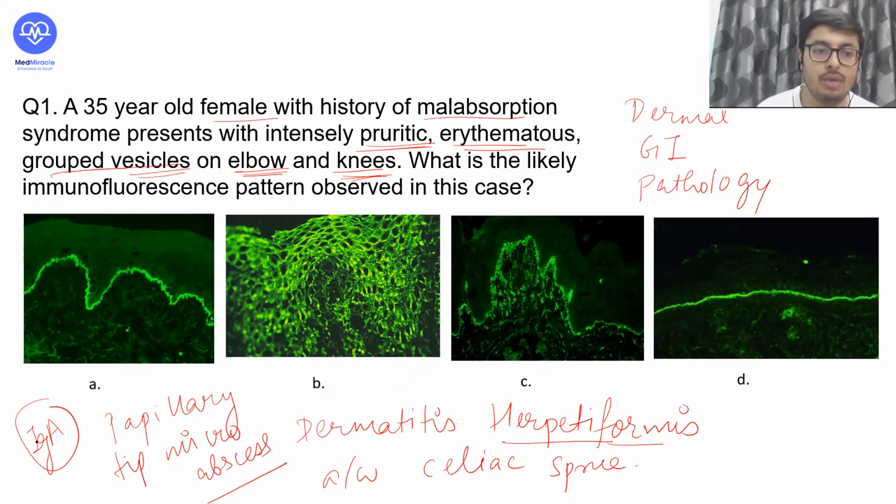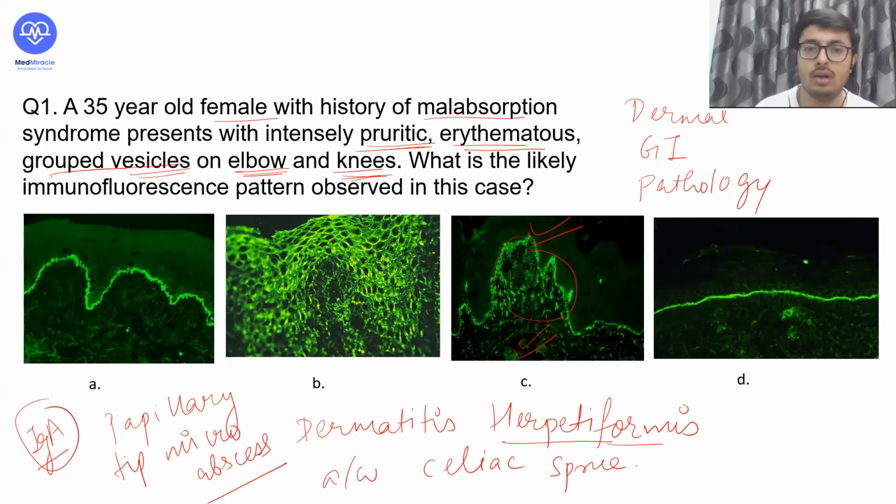So the autoimmune IgA antibodies are making the papillary tip microabscesses, and you can see evidently in this image that this is the papilla and this is the tip of the papilla which is showing the IgA antibodies which are producing the green immunofluorescence, right? So this is the immunofluorescence finding of dermatitis herpetiformis. So the answer is option C.